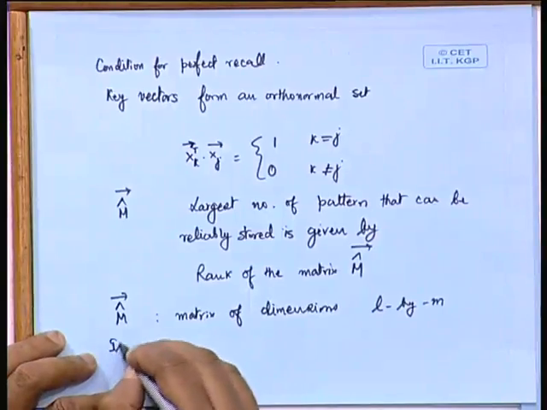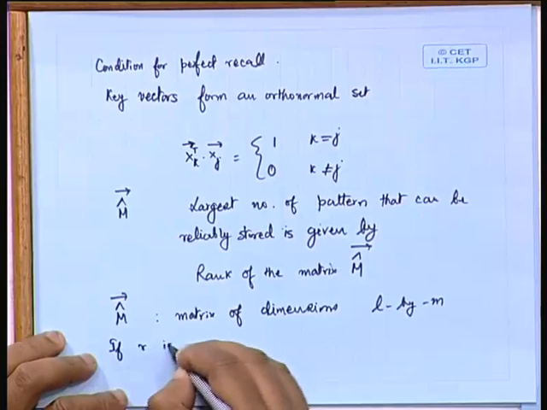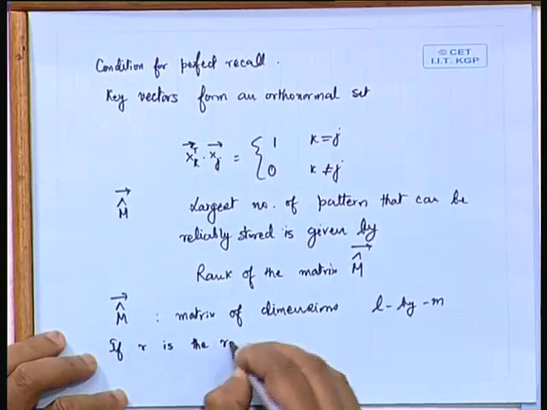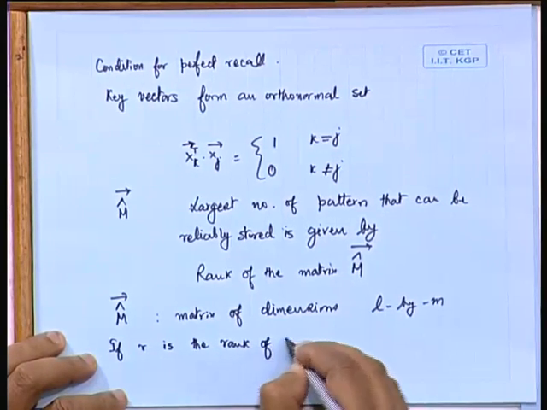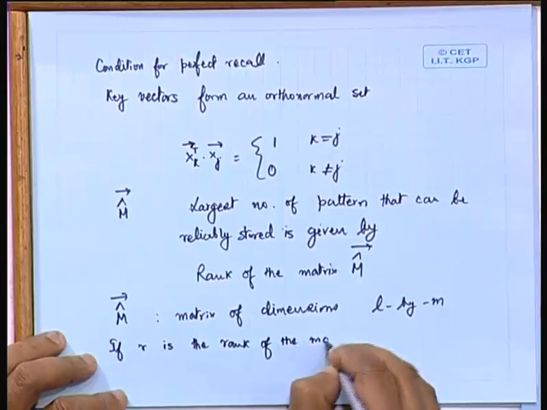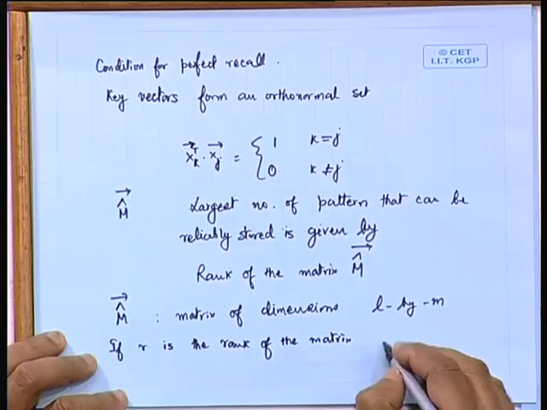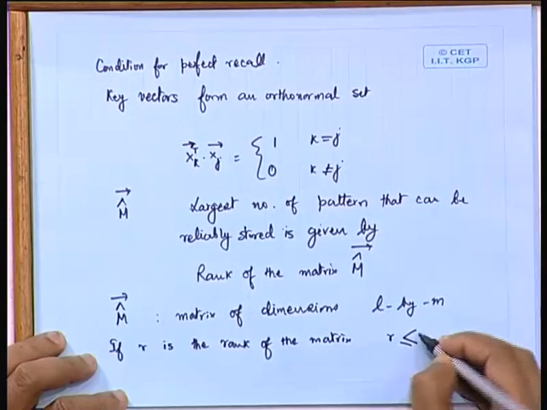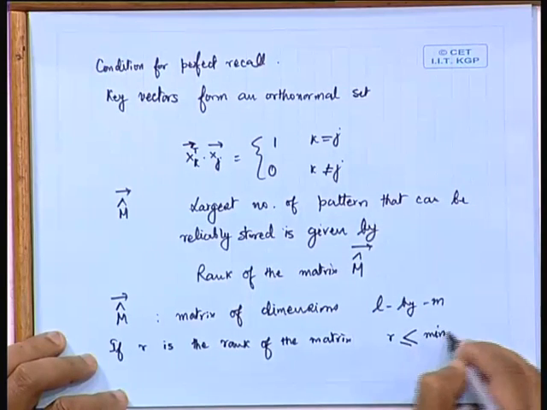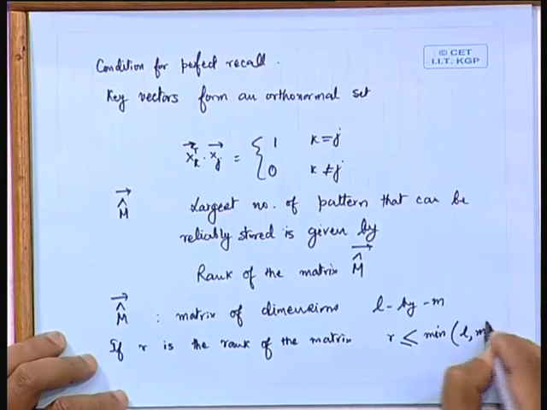So, the number of independent rows and columns must necessarily be less than the minimum of L and M. So, that is why if R is the rank of the matrix, then we must necessarily have R less than or equal to minimum of L comma M.